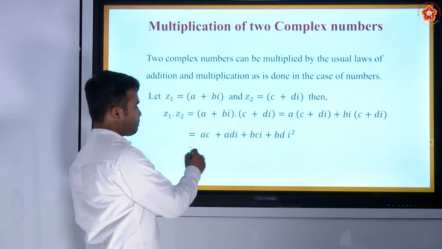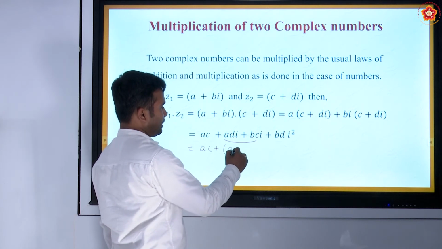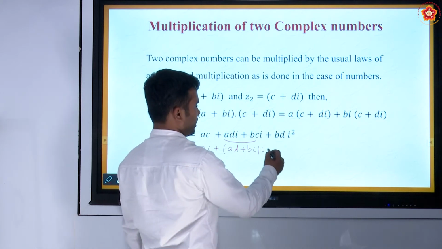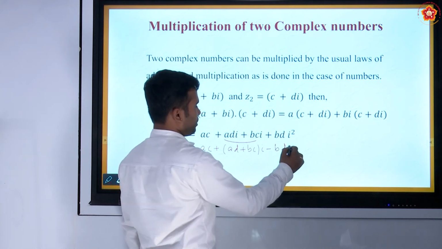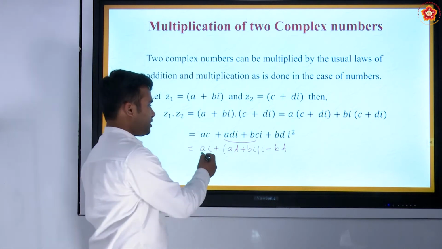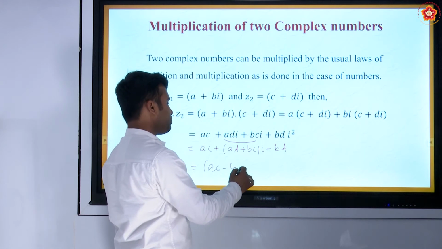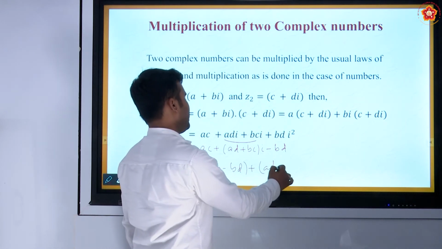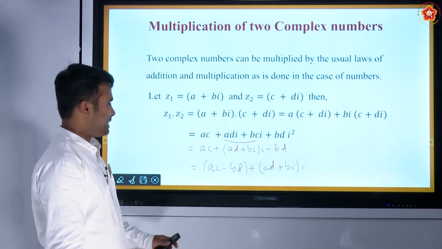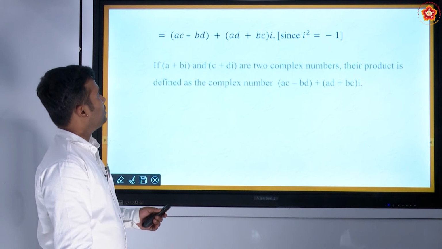See here, ac plus, from these two I can take i common, that is (ad plus bc) i, and here i square is minus 1, therefore I can substitute minus 1 there, so it will become minus bd. Now ac and minus bd will be the real terms, so I can group this: ac minus bd plus (ad plus bc) times i. This is the product of the two complex numbers z1 into z2.